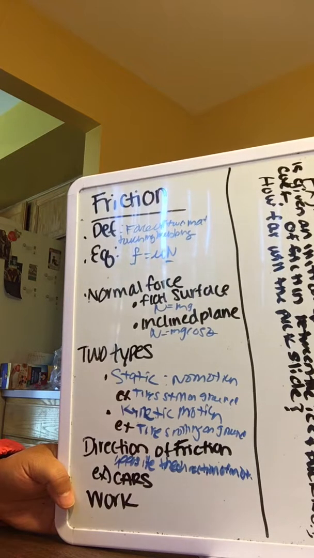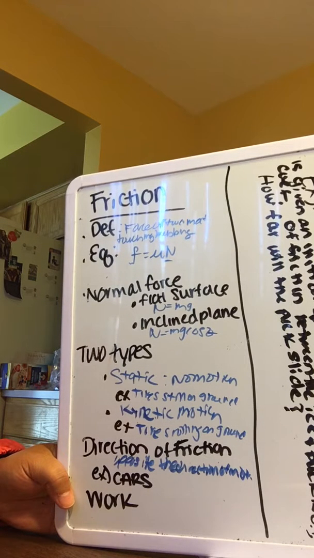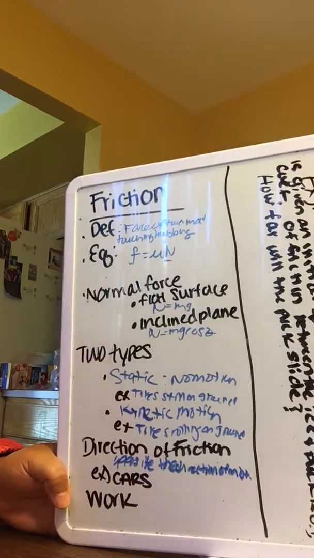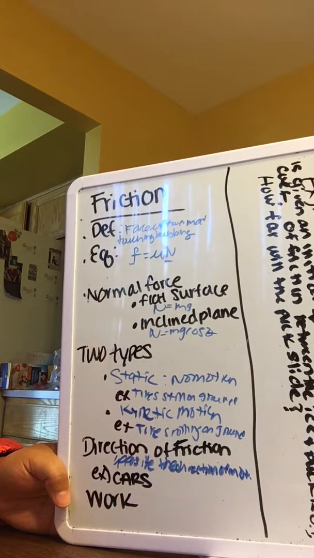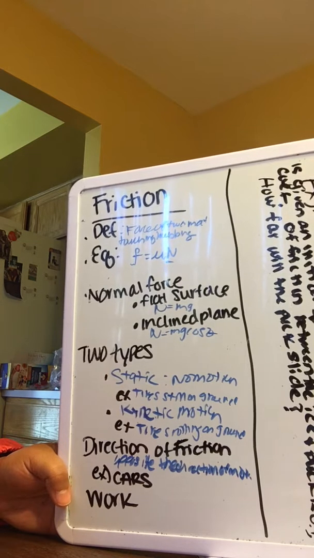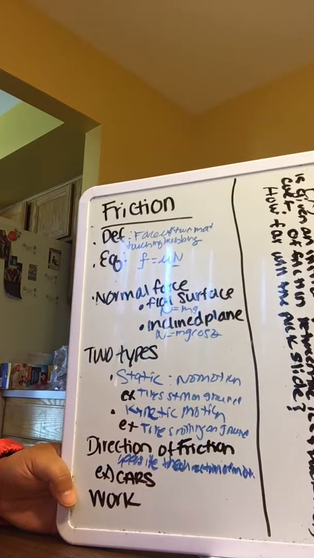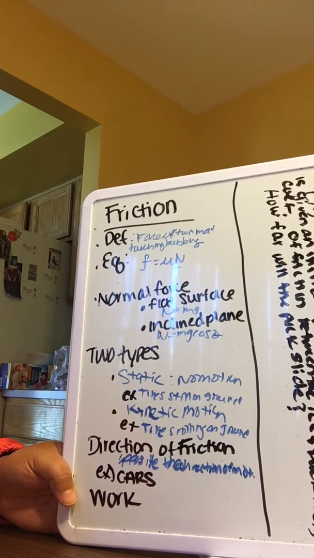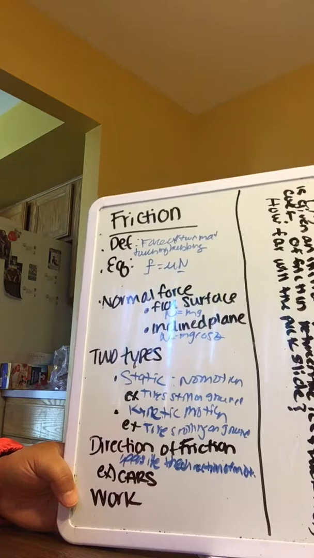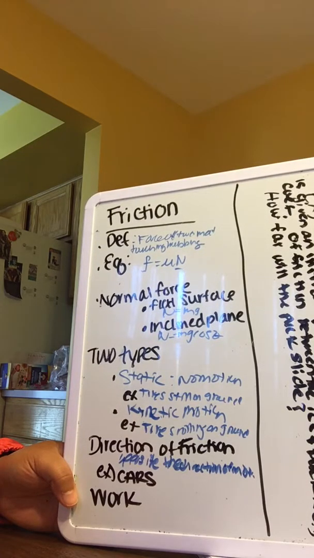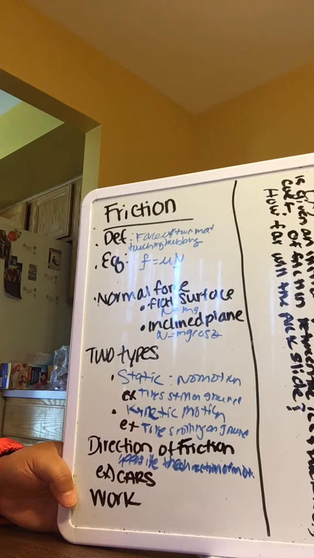It's a little counterintuitive, or at least a lot of people don't really understand, but it's opposite for cars. So the direction of friction is opposite the direction of motion.